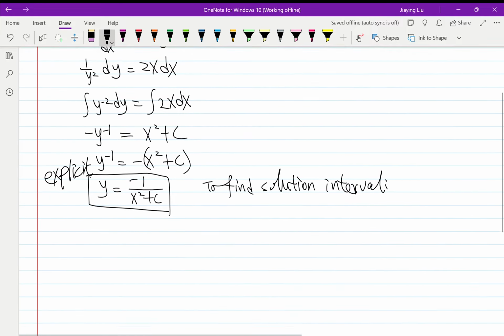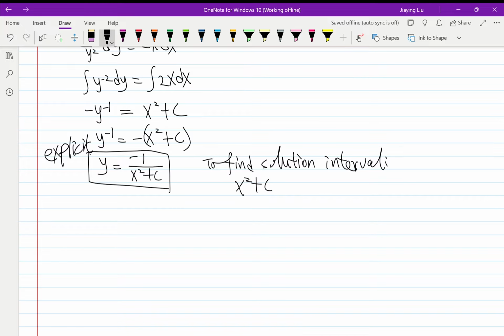we have to make sure that the denominator, x squared plus c, cannot equal 0. And solve for x from there, so x squared cannot equal negative c. Take the square root on both sides, so x cannot equal plus or minus the square root of negative c.